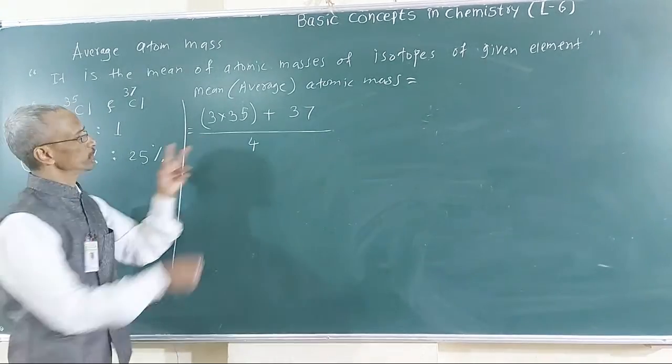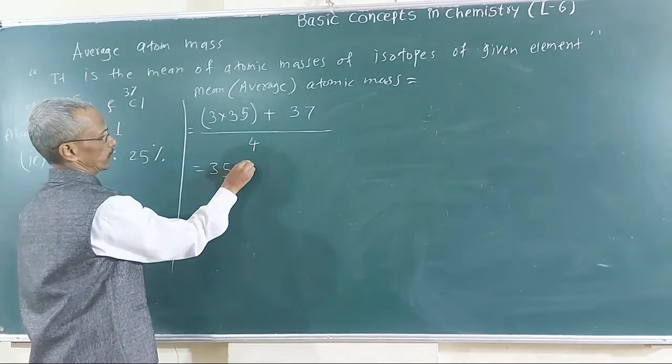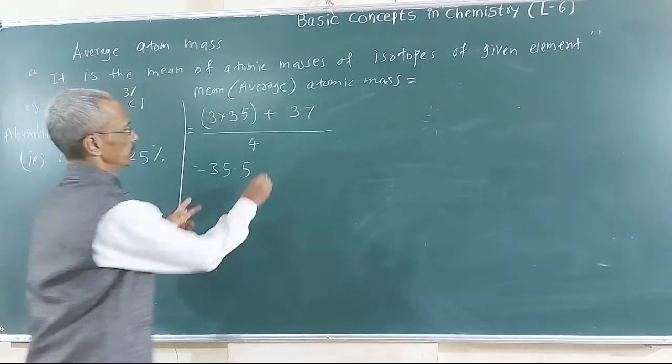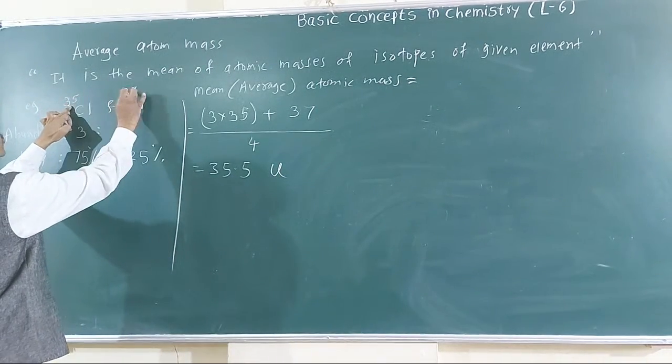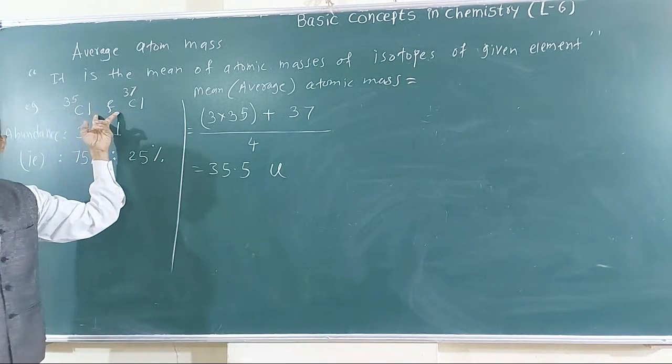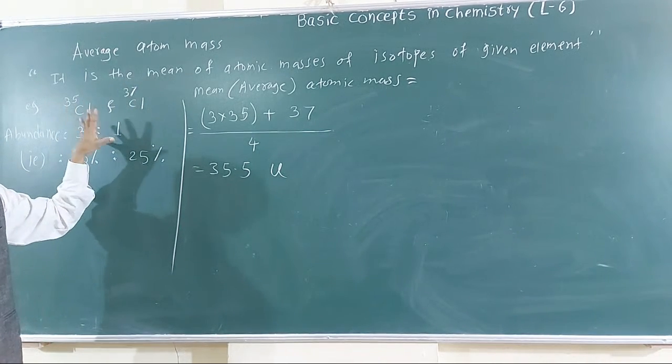It is found to be 35.5, because these are the unified masses of the isotopes of chlorine.